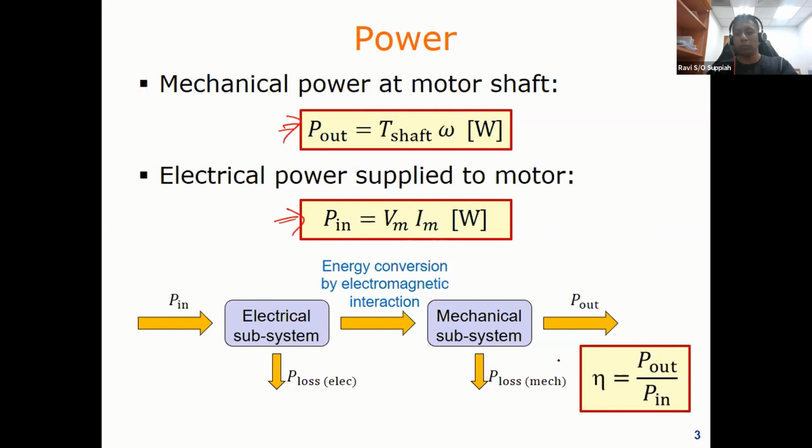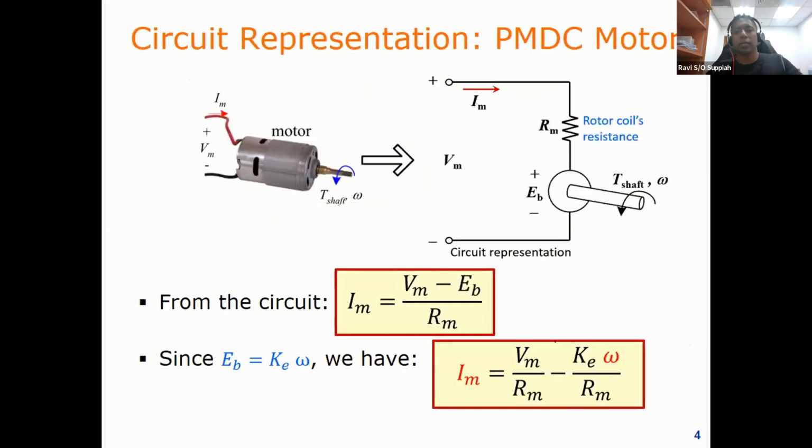Efficiency we know from earlier studios. So the main equations are for IM and omega, and omega is a rearrangement of this. If you look at this circuit and draw a loop, the current is directly proportional to the voltage difference between VM and EB over the rotor's coil resistance.